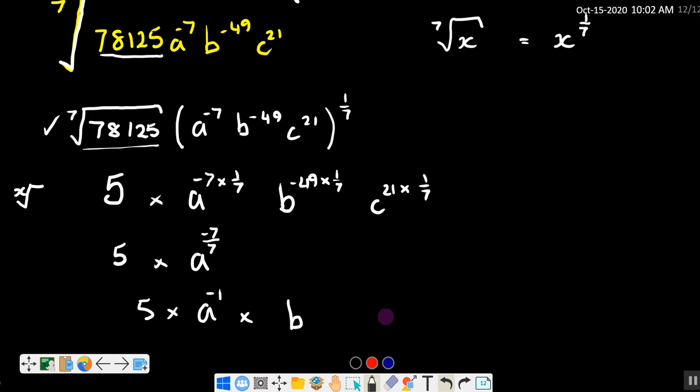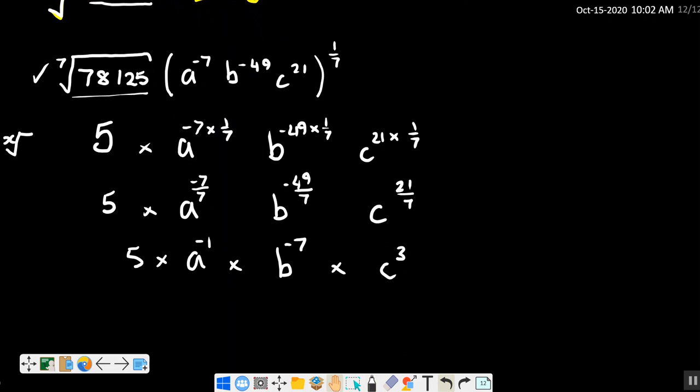What is negative 49 divided by 7? You know your times tables. It's negative 7 on this one. 21 divided by 7 is 3, no negative on that. So we haven't needed a calculator for any of those.